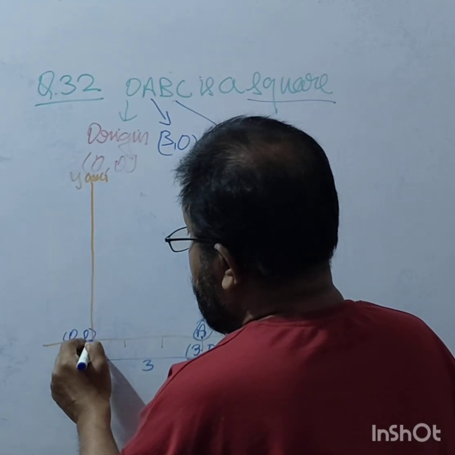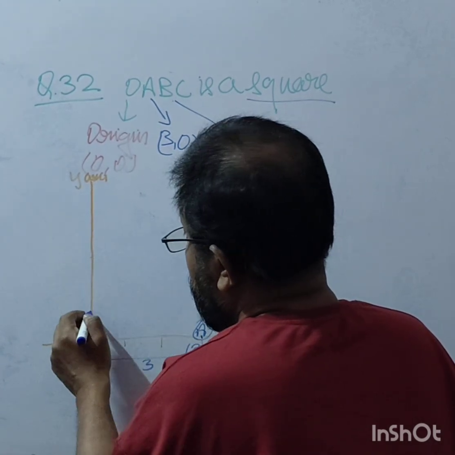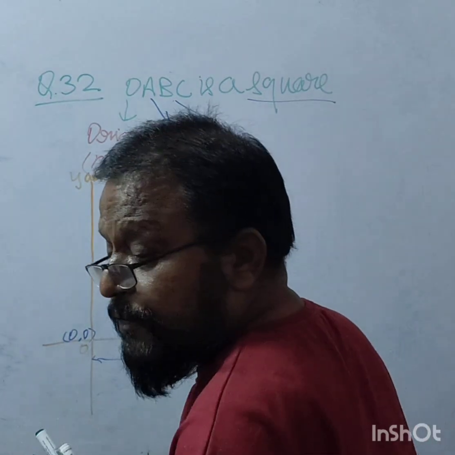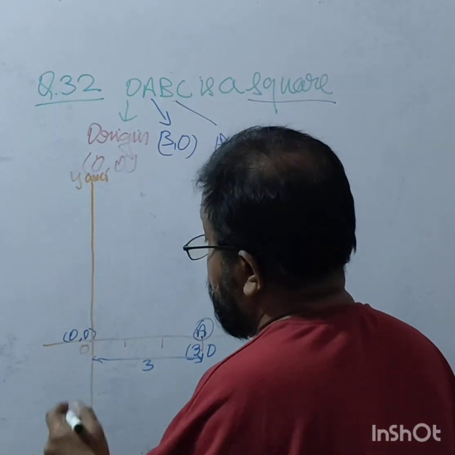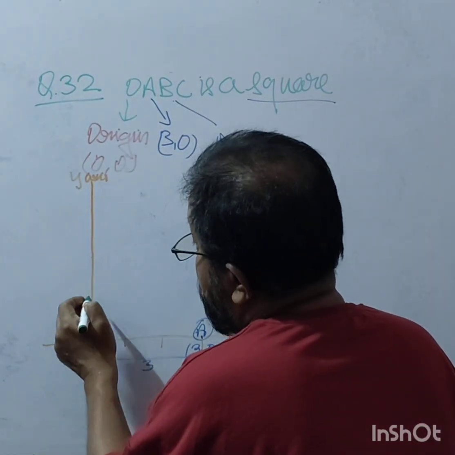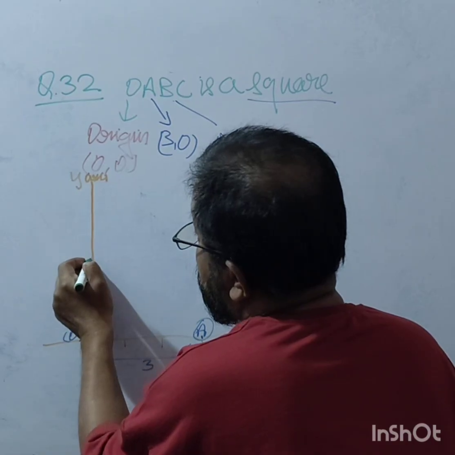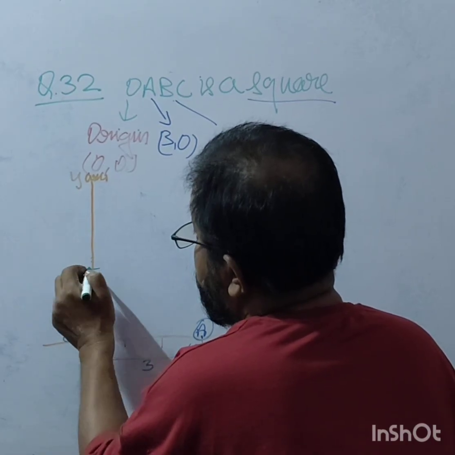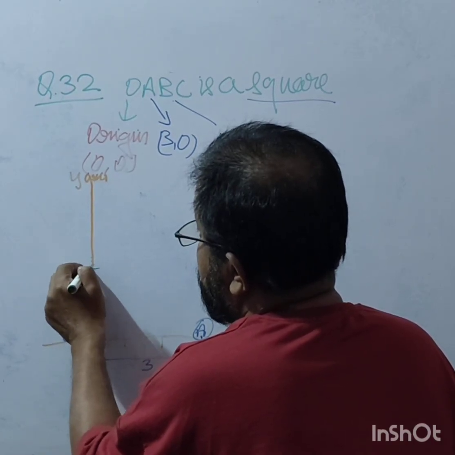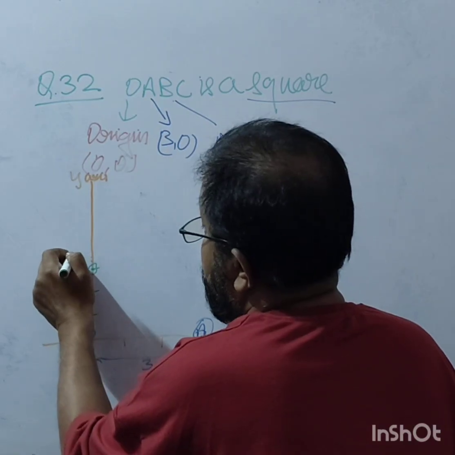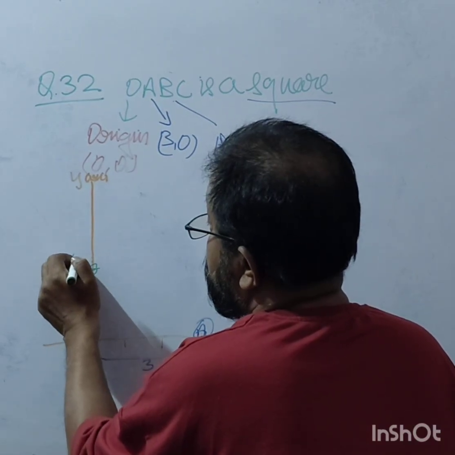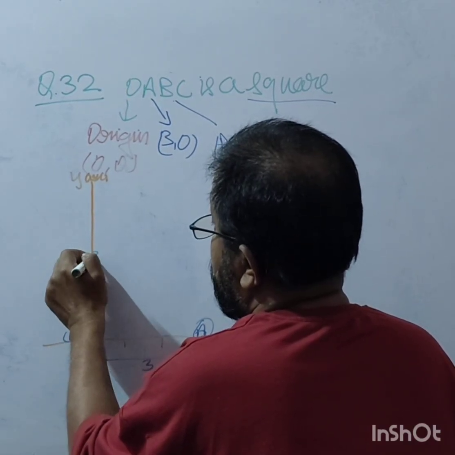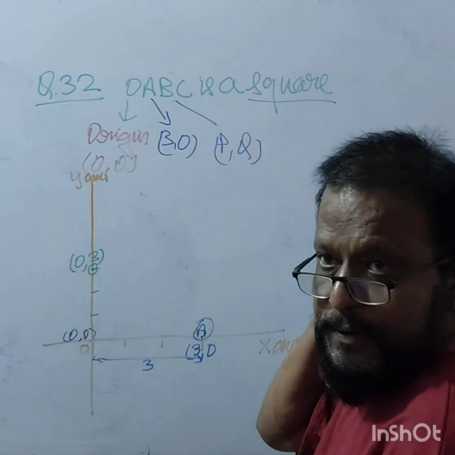So we will have 1, 2, 3. This will be C. So C will be 0 comma 3, right?